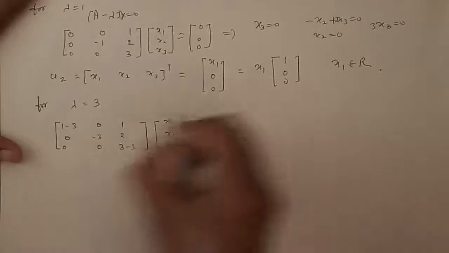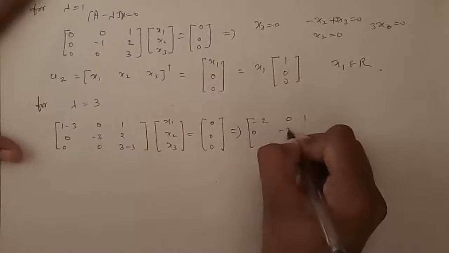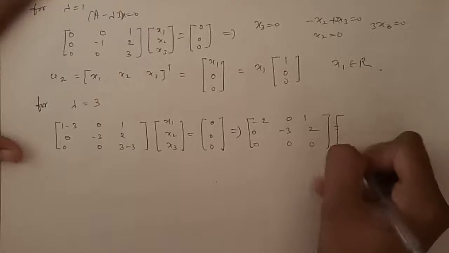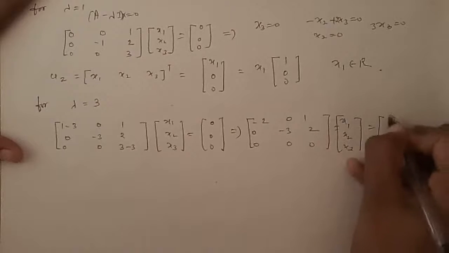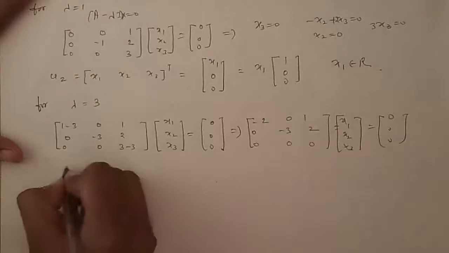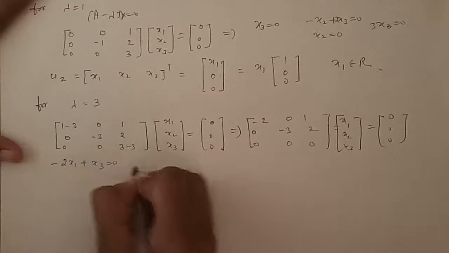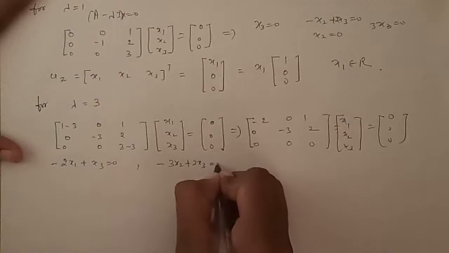This implies minus 2 0 1, 0 minus 3 2, 0 0 0 into x1 x2 x3 is equal to 0 0 0. So we have minus 2x1 plus x3 is equal to 0, minus 3x2 plus 2x3 is equal to 0.